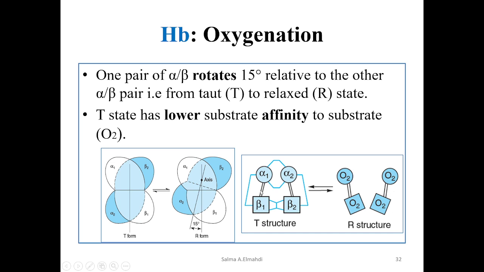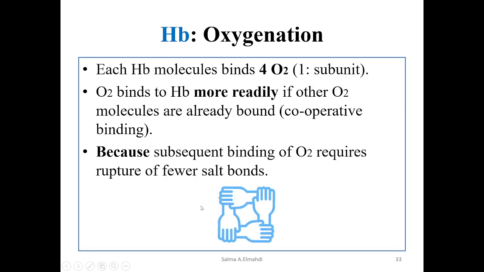And this is to show you that in the T structure the salt bridges are present, and here in the R structure, the relaxed state, all the salt bridges are ruptured or broken. The T state has lower affinity for the substrate oxygen. The T form has lower oxygen affinity, while the R form has high oxygen affinity. So this R form is suitable for binding oxygen.